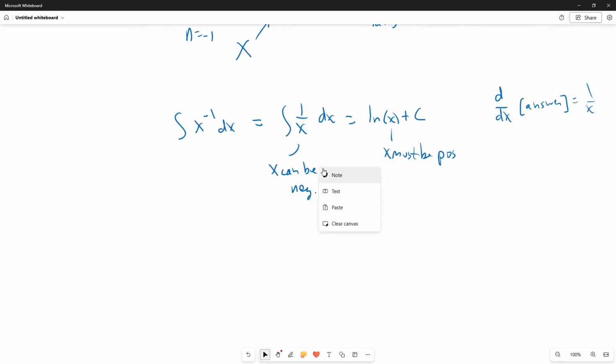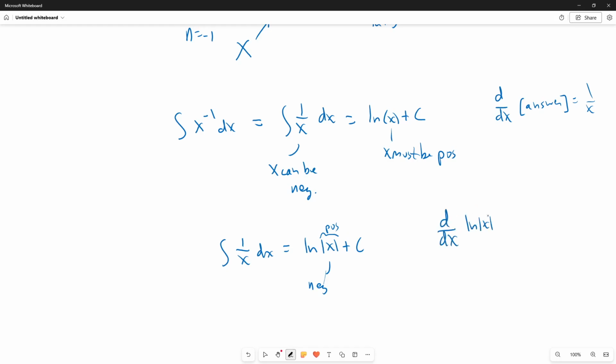So this is not the best answer. A small modification is made. The integral of 1 over x dx, the best answer is the natural log of the absolute value of x. Now x can be negative, because when you put a negative number in there, the absolute value will make it positive, and then we can calculate the logarithm. But I also want to mention that the derivative of the natural log of the absolute value of x is 1 over x if x is negative.